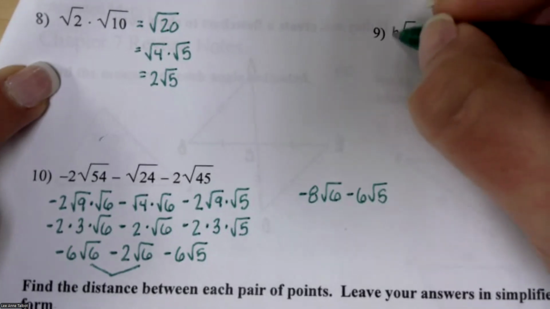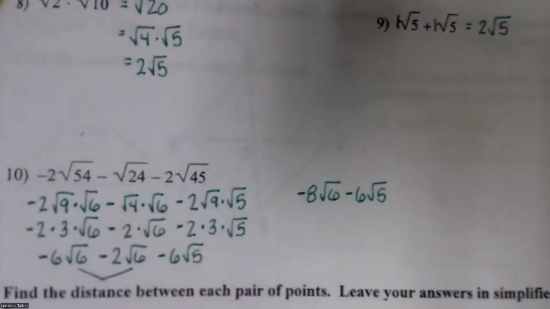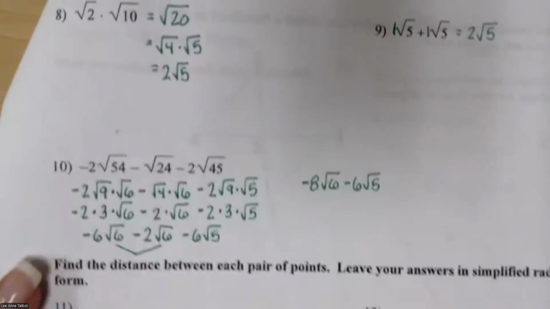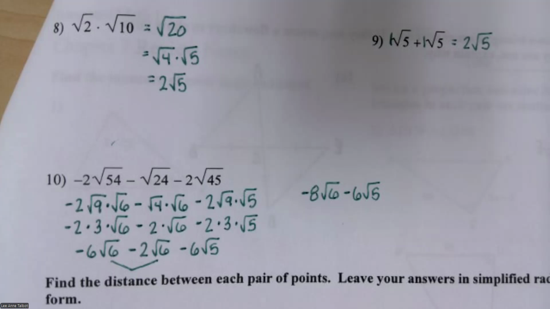You got to think of it like 1 root 5 plus 1 root 5 is 2 root 5. I know the roots are tricky.